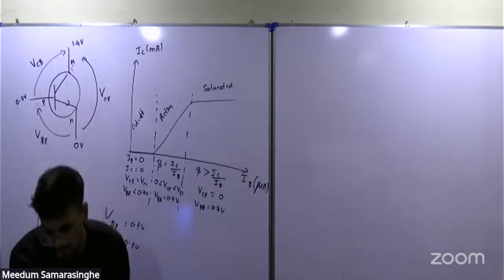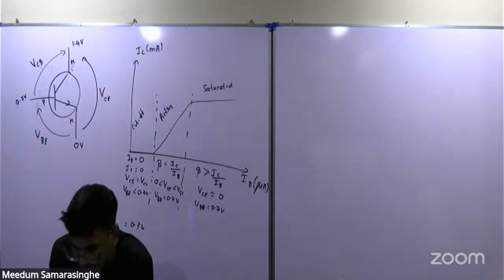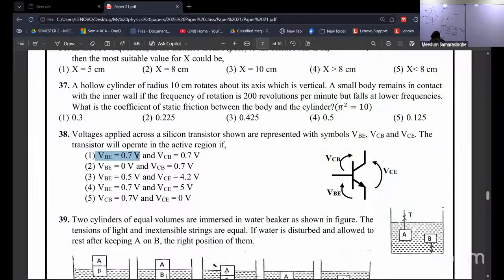Now the next answer. First again, VBE is 0.7 volt, right? Here VCB is given, not VCE. If VCE is 0.7 volt, we can assume that this is in the cutoff region. Why? What is the reason?